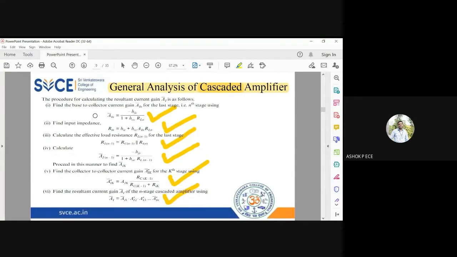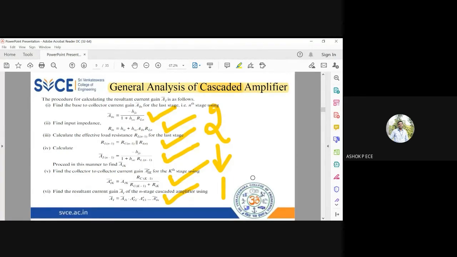So remember, when you have two amplifiers, first we will start with the second amplifier and then we will come to the first amplifier. We come backwards because the second amplifier will have the actual load. So we will find the load. From the load, we can find the current gain. From current gain, we can find the voltage gain. From voltage gain, we can find all the four parameters for the previous stage.